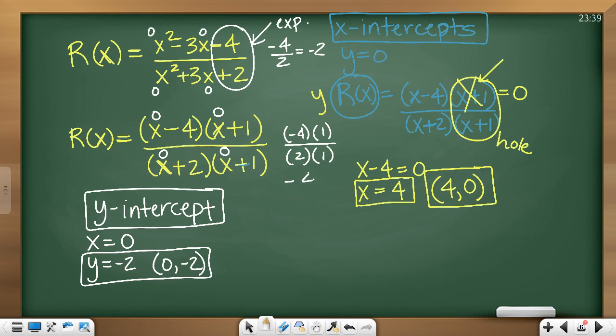So I get the same result: -4 over 2 equals -2. So you can see this is how we graph these rational functions, and these are their characteristics.